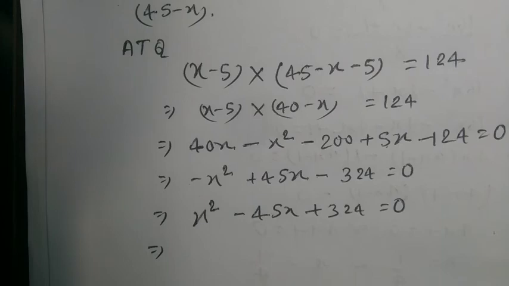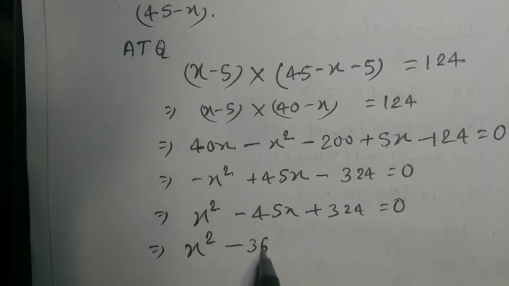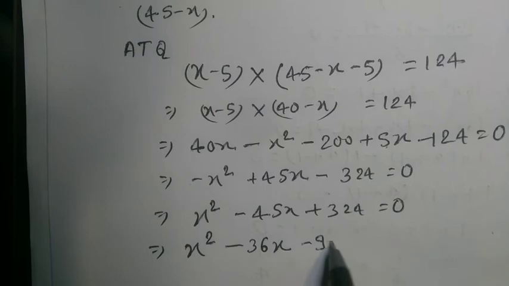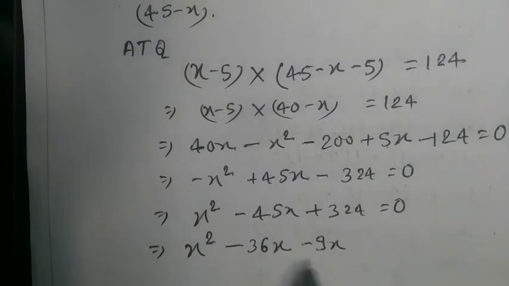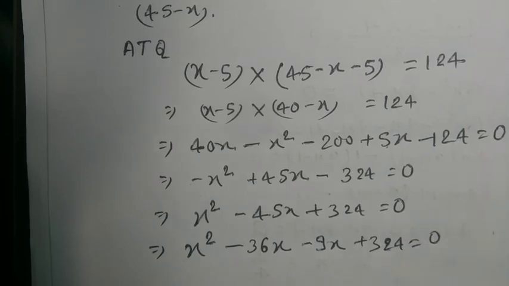So we divide 324 into two factors whose sum is 45. These numbers are 36 and 9. So minus 36x minus 9x gives minus 45x, and 36 into 9 is 324. Okay, so we write here x square minus 36x minus 9x plus 324 is equal to 0.